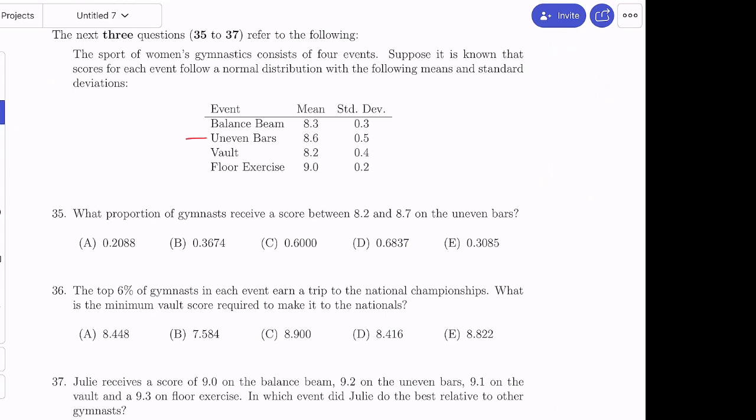I want to calculate the probability or the proportion that are between, so I write between like this.